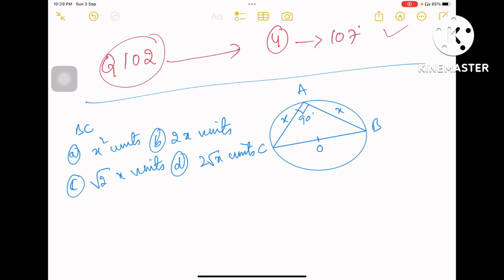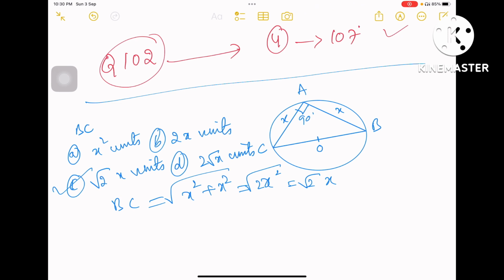So the length of BC is root of x square plus x square, that is root 2x square, that is root 2 x. The value of BC is root 2x, that is option number 3.